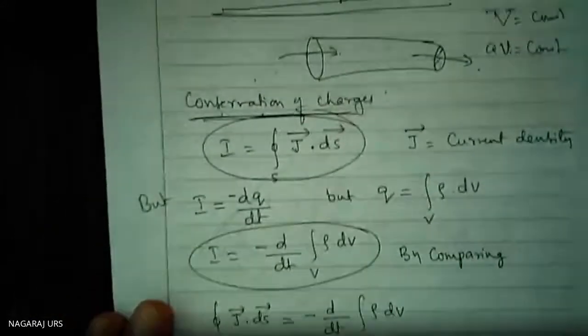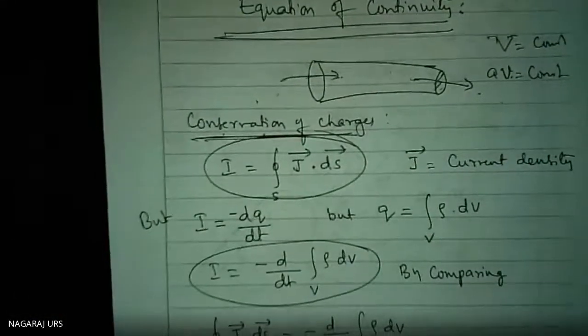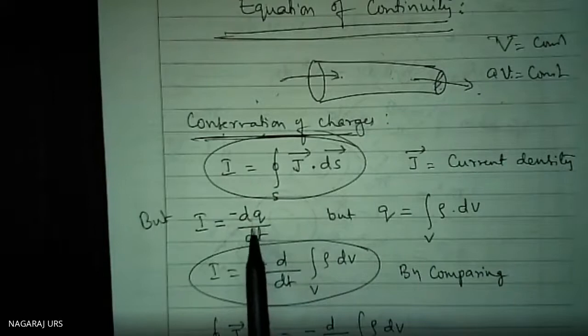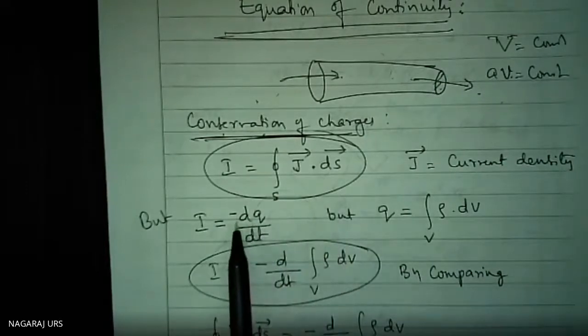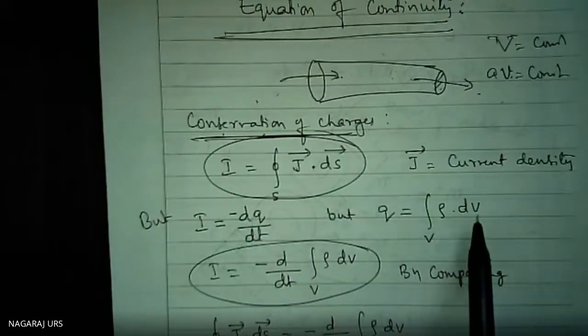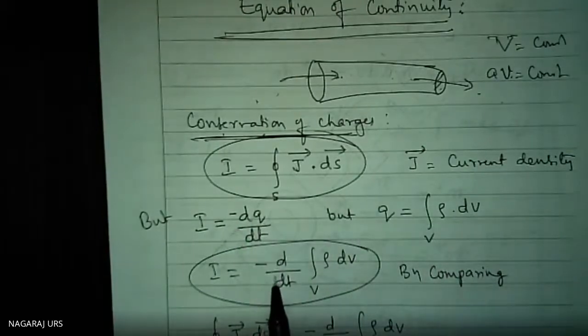See whatever I have covered. Understand the derivation completely. I is the current, the flow of charges. Since the charges are flowing out, the charge is decreasing, therefore I have written a negative sign. But Q is equal to the integration of rho into dV. Substitute that.